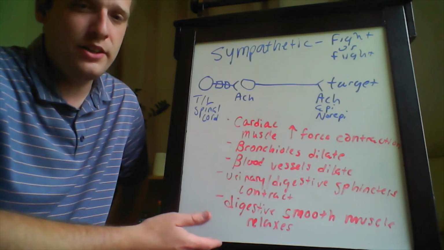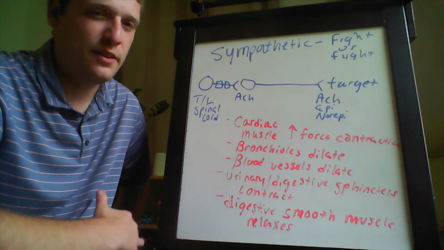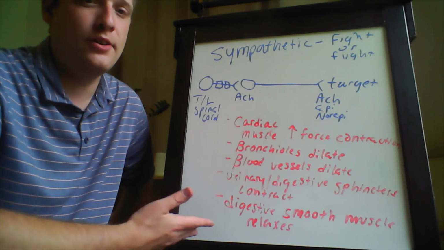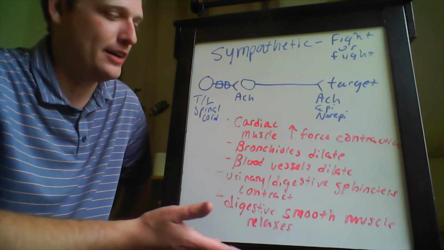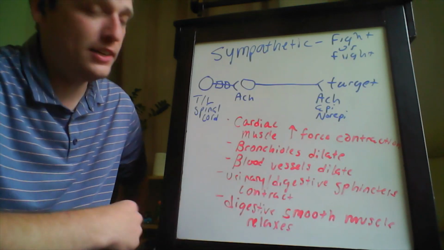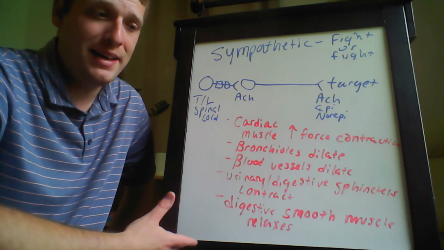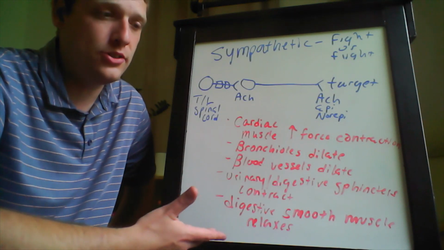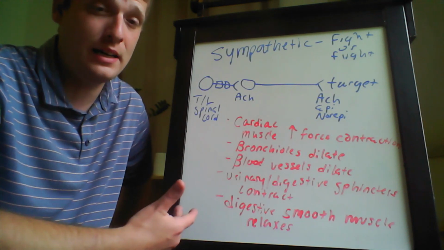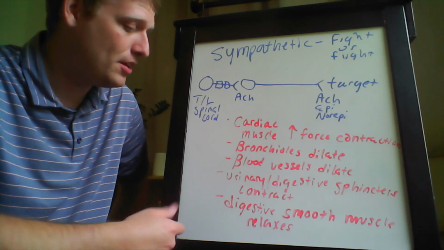You also get the urinary and digestive system shutting down a bit. So resources are diverted away from digestion and urination. These urinary and digestive sphincters are going to contract, making it harder to pass a bowel movement, for example. That's not something you want to be doing when you need to be running and fighting.